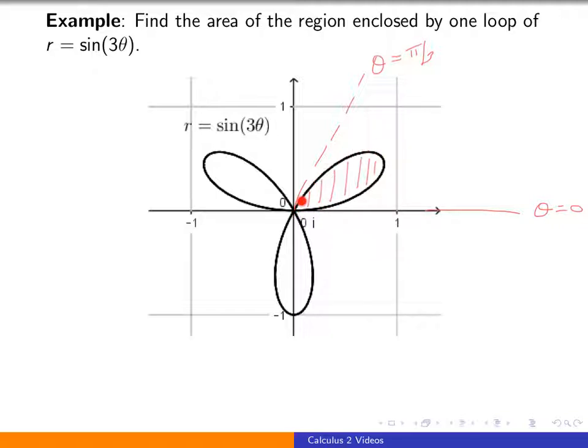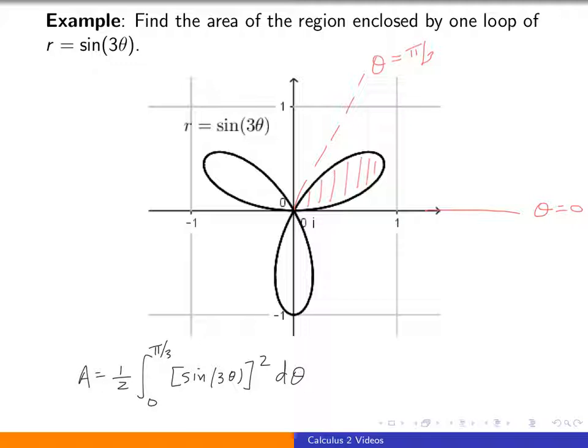Then this first petal is traced out as you go from 0 to pi over 3, because 3 times pi over 3 is pi. So the enclosed area that we are looking for is going to be 1/2 the definite integral over how those theta values vary. One loop or one flower petal will be 0 to pi over 3, and what we need to integrate is sine of 3 theta squared.